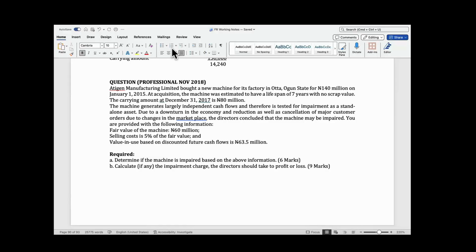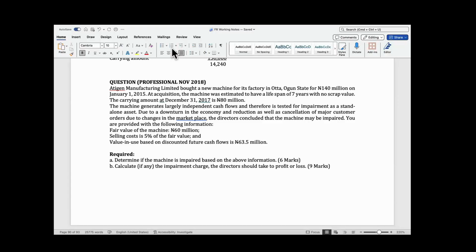Antigenic Manufacturing Limited bought a new machine for its factory in Otago State for 140 million naira on January 1st, 2015. At acquisition, the machine was estimated to have a lifespan of 7 years with no scrap value. The machine generates largely independent cash flow and therefore is tested for impairment as a standalone asset.